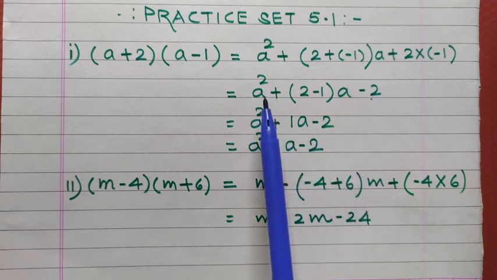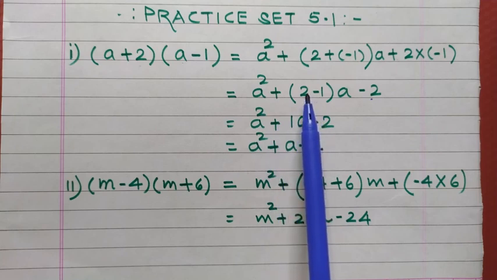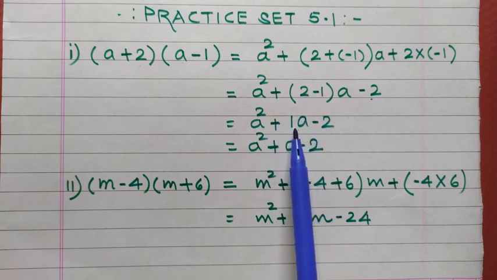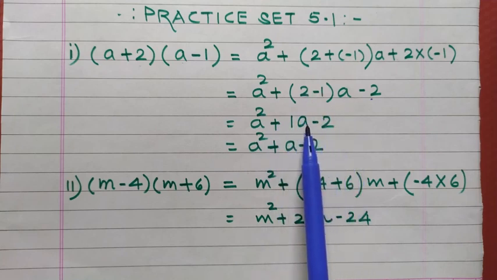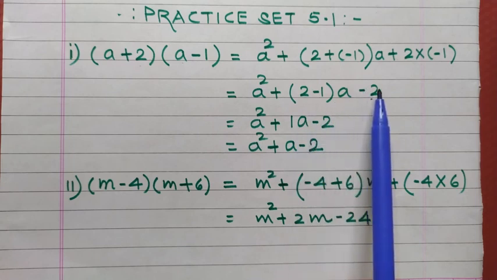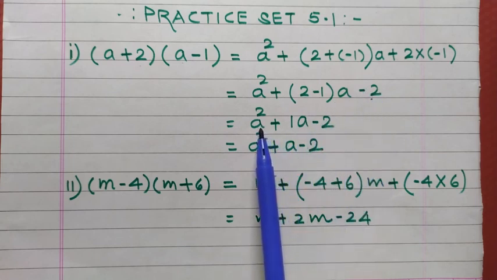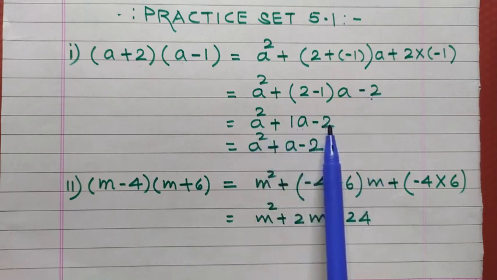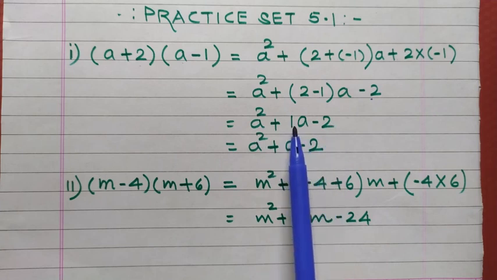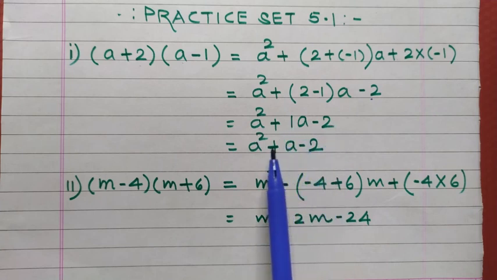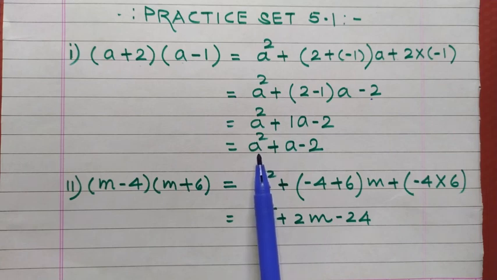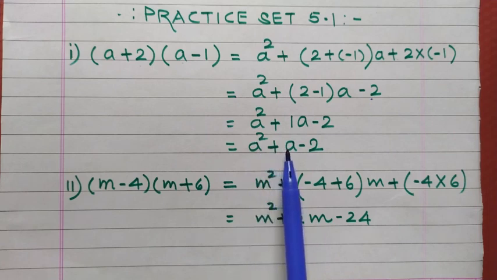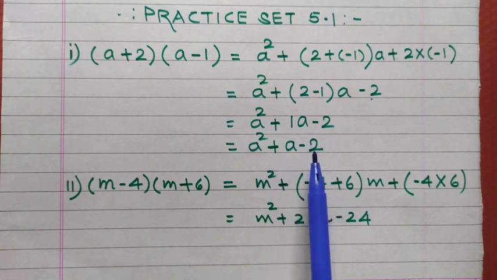Now a square plus (2 minus 1) is equal to 1 into a minus 2. So it will be a square plus 1a minus 2. But coefficient 1 cannot be written. So finally your answer will be a square plus a minus 2.